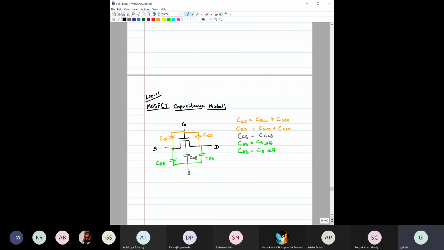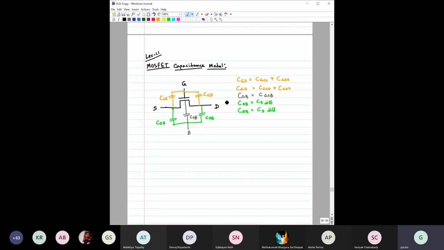Now, if we have to write the total capacitance for an N-channel or P-channel, say NMOS, how would the total capacitance look? For example, you can see these are the three terminals: gate, source, drain, as well as the body terminal, which is also shown.